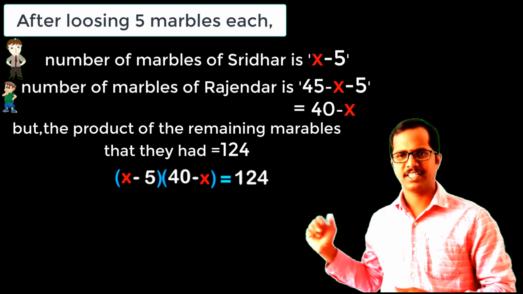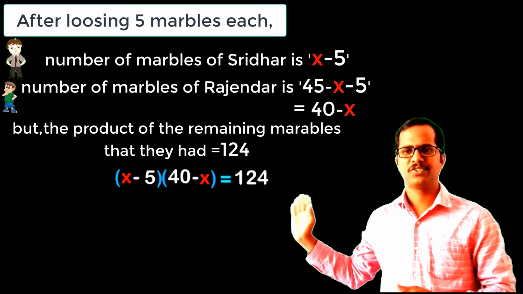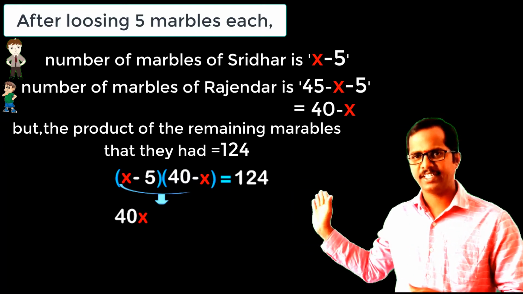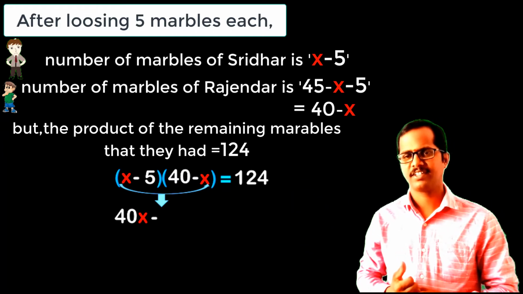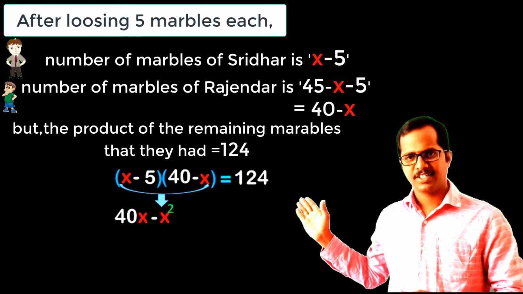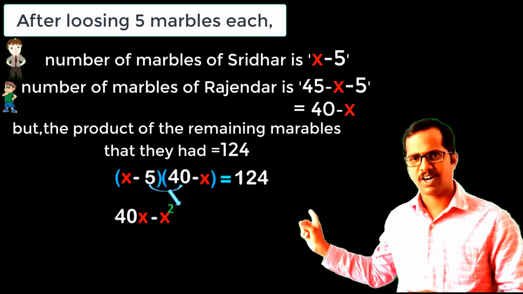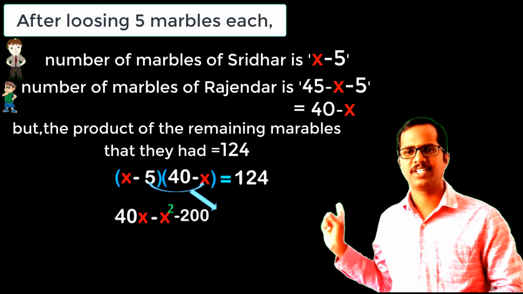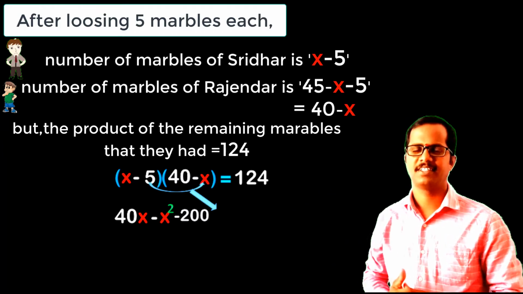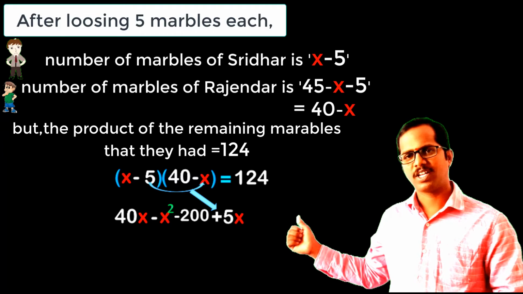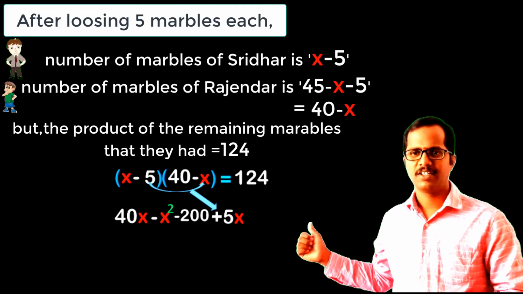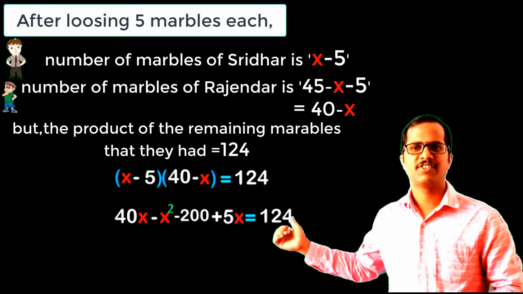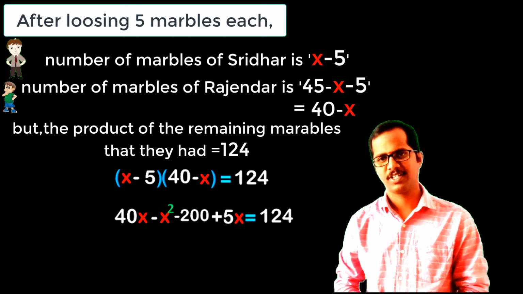By multiplying this, x into 40 equals 40x, and x into minus x, we get minus x square. Next, minus 5 into 40 we get minus 200, and minus 5 into minus x we get plus 5x. So we get 40x minus x square minus 200 plus 5x equals 124.